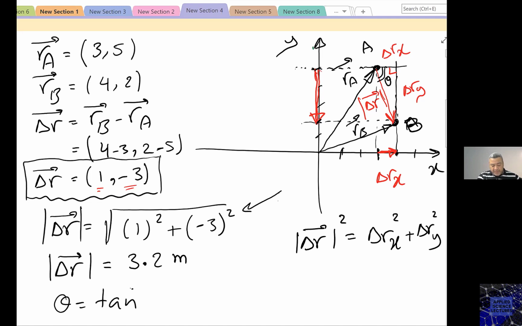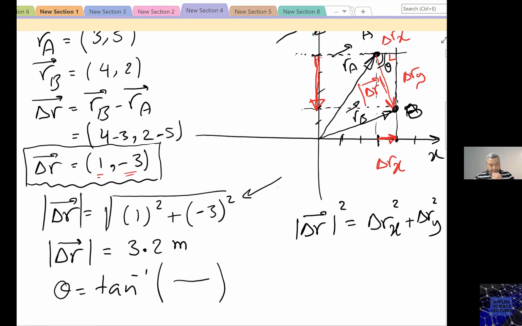It's tan inverse. Tan inverse of what? Can somebody tell me? Isn't it delta ry over delta rx? Is that right?